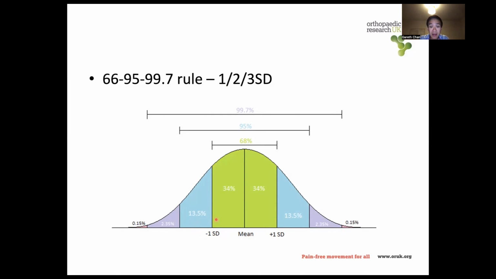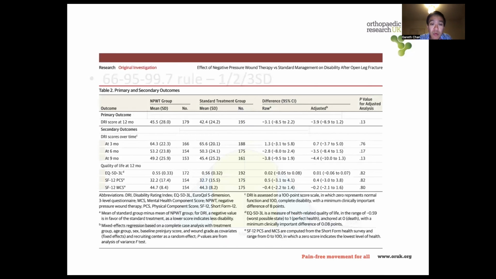But as you can see, that range gets wider and wider. So when we look at results from studies, it's really important not just to look for your p-value, is there a difference, but also where the analysis tells us the true answer is likely to lie. Most commonly, we use a 95% confidence interval. That's a spread of 2 standard deviations around the mean.